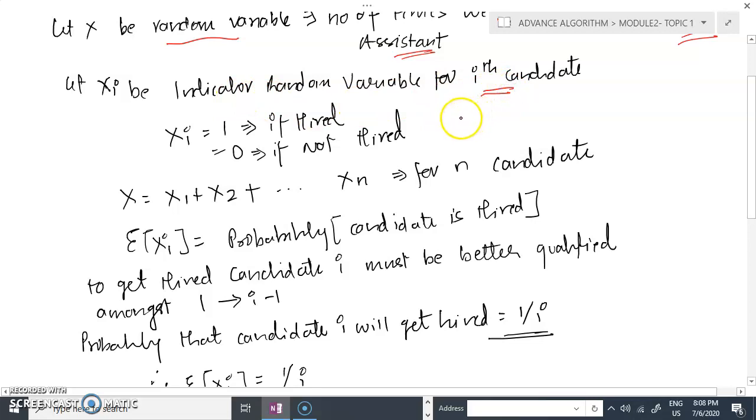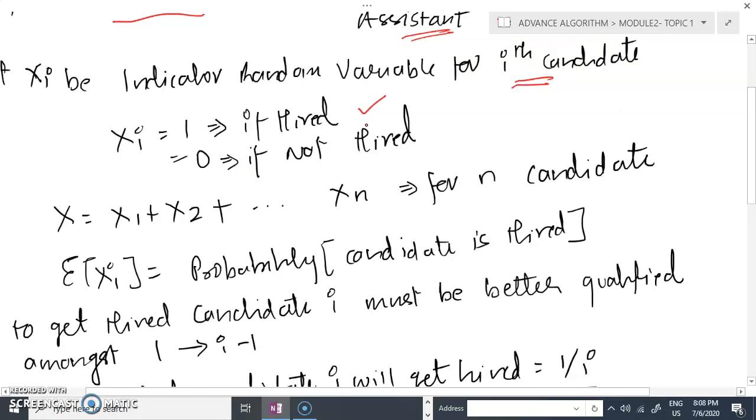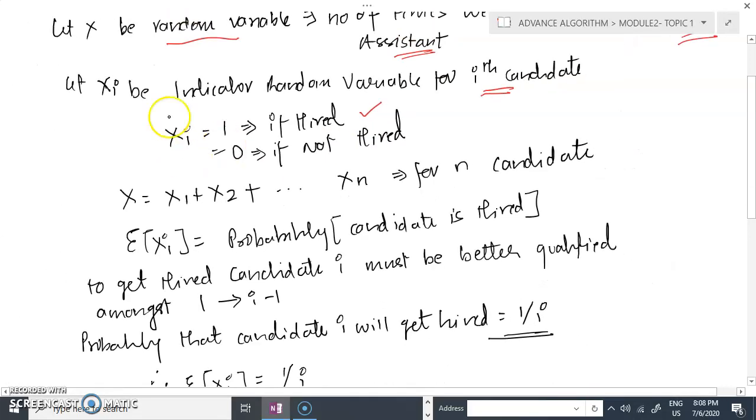Now when I talk about the indicator random variable for the ith candidate, x of i will be 1 if that candidate is hired, and x of i will be 0 if the candidate is not hired. For the ith candidate the indicator random variable is x of i, but we need to find this for all n candidates. So what will be the final x?